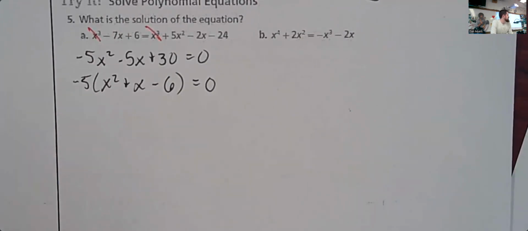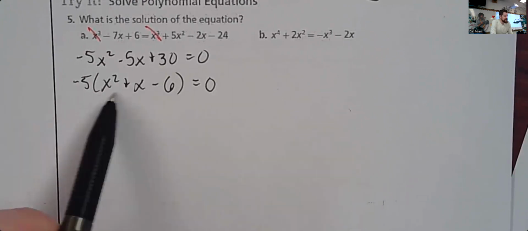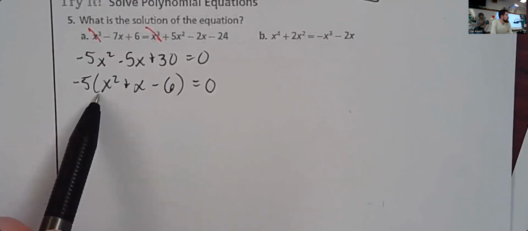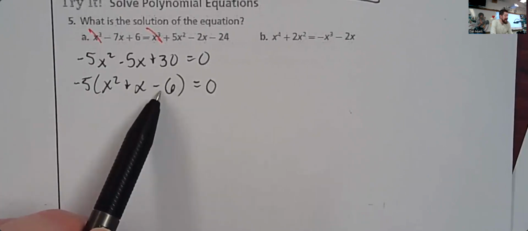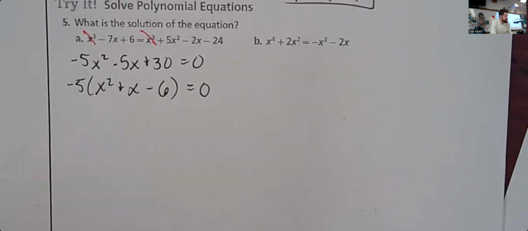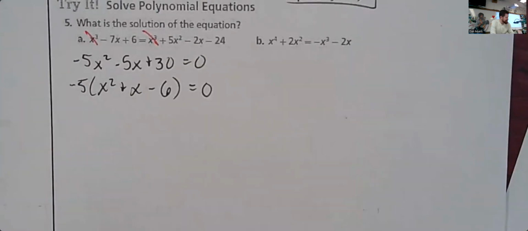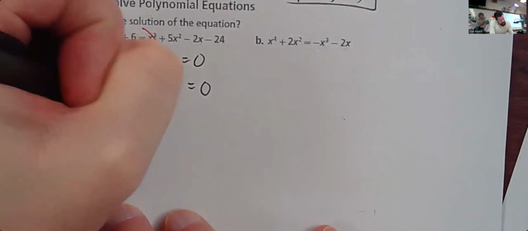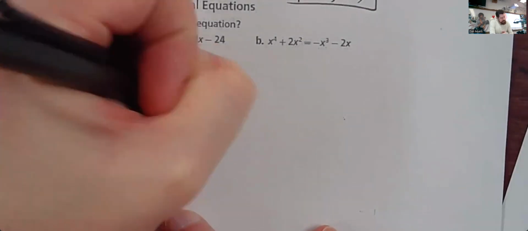I think we factored that yesterday. Take a look. What does this factor to? Other way. -2 and +3. Yeah, 2 numbers that multiply to -6 and add to 1 would be -2 and 3. So -5 times (x minus 2)(x plus 3) equals 0.